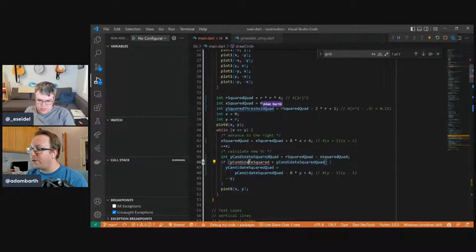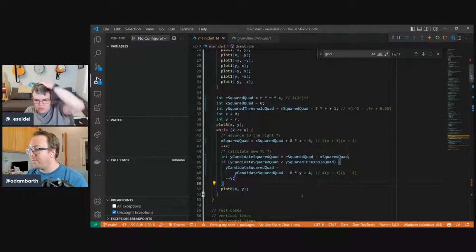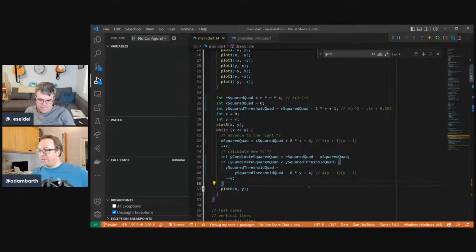I need the threshold. Y candidate squared? Because y candidate squared quad is what you want. Oh, I messed this up. You wanted threshold. This is threshold, right? That's threshold, yeah. Okay, let's see if that still draws a circle.